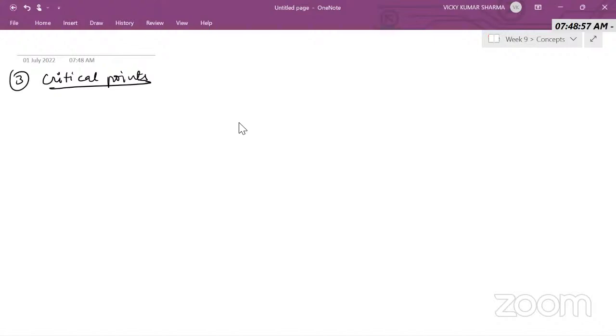A point C, where C is in the domain of a real valued function, is called a critical point, maybe written as CP, of a function f of x. When do you say this?